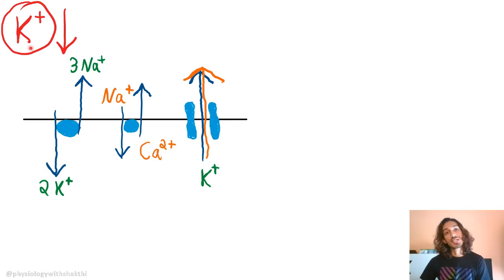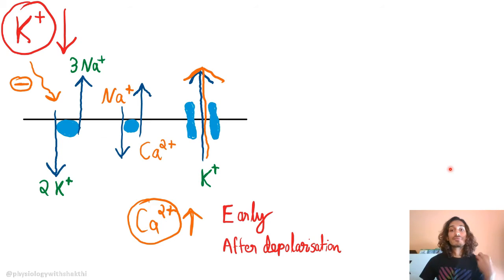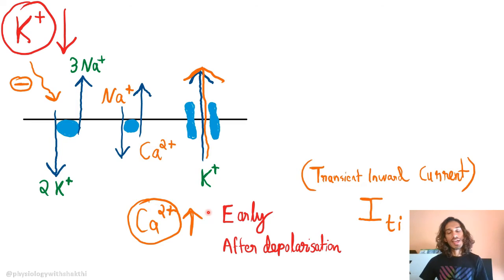Okay, so when potassium is low outside, it kind of inhibits the activity of sodium potassium ATPase to a degree. So when this is not there, this does not normally happen. So that means calcium will start accumulating inside. So increased calcium inside will result in early after depolarizations. Okay, and for this transient inward current is said to be involved.